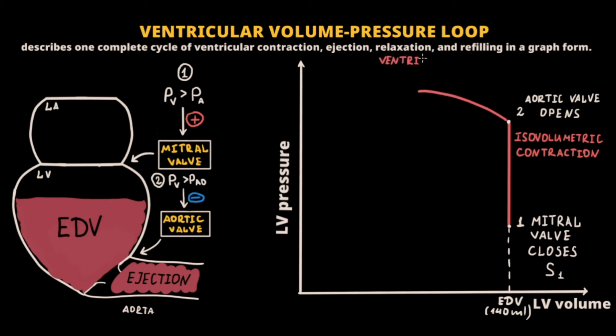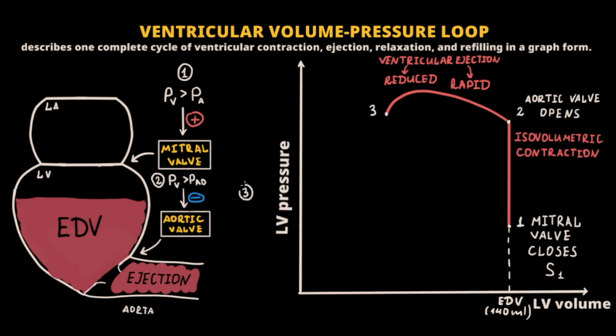Ventricular ejection starts from rapid ventricular ejection and goes to reduced ventricular ejection. In the period of reduced ventricular ejection, ventricular pressure falls because the ventricles are no longer contracting, but blood continues to be ejected into the aorta because the aortic valve is still open.